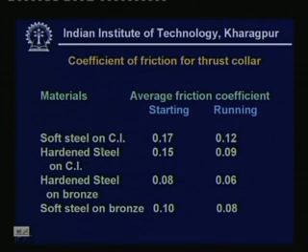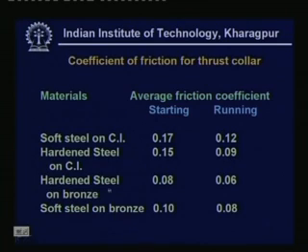Now, soft steel on cast iron has a starting coefficient of friction 0.17 and the running coefficient of friction is 0.12. When you use hardened steel and cast iron, then the starting coefficient of friction is 0.15 and the running coefficient of friction is 0.09.